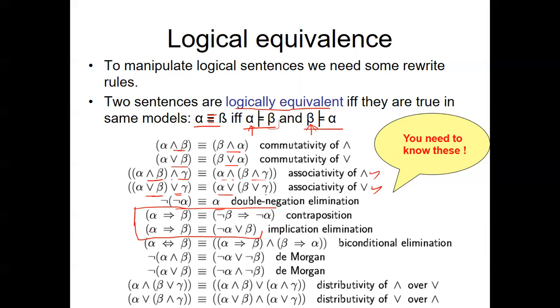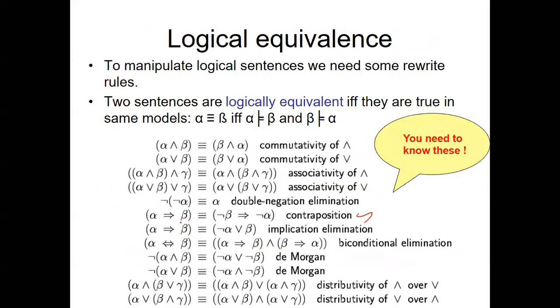And alpha implies beta can also be represented in another way, and this second representation we use in most places. Instead of writing alpha implies beta, we can write not alpha or beta.